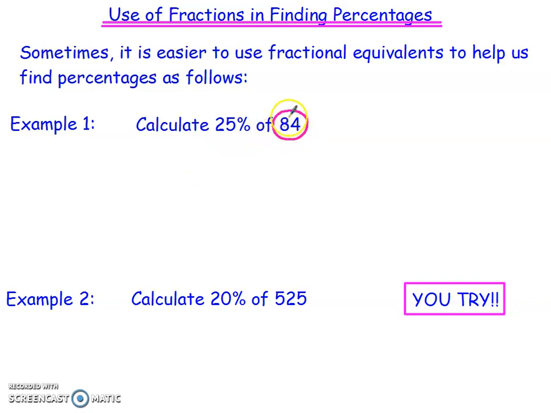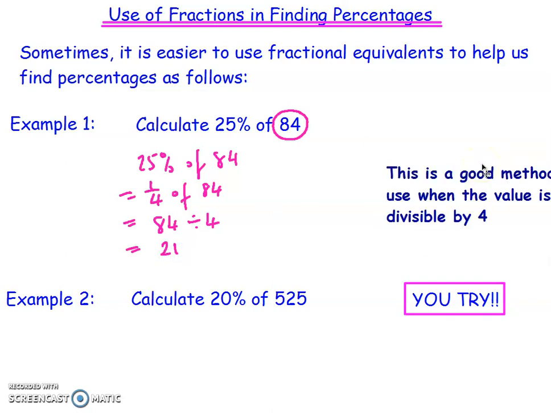However, in this case, this number does divide nicely by 4, so we could start off taking 25% of 84 being 1/4 of 84, and they would understand by that point that finding 1/4 is division by 4, and that would give us 21.